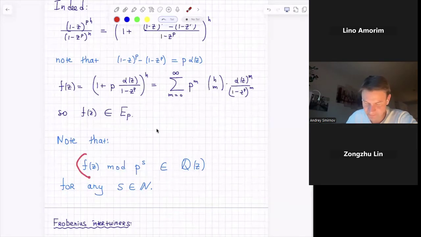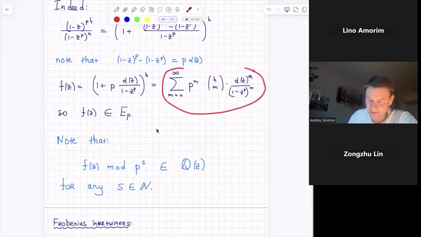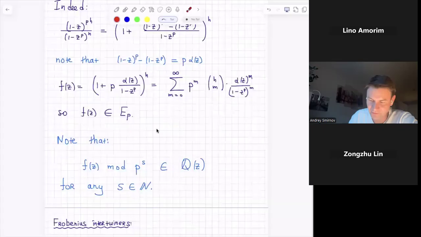If you take this power series in Z, you can reduce the coefficients of this power series modulo p to the power s, s is any natural number. And the answer is a rational function, right? It's very visible from this sum here. If you reduce it modulo p to the power s, then it's not going to be an infinite sum. It's going to be a sum with m running from 0 to s minus 1, and all higher terms will disappear, and you get some rational function.